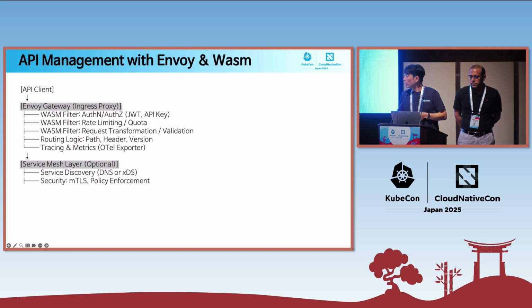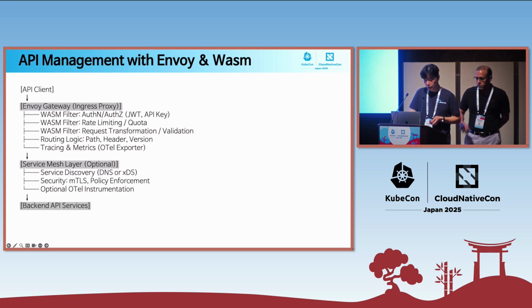We can put security features like mutual TLS and policy enforcement based on your security requirements. And for monitoring all of the services, you can put OpenTelemetry here as an optional service mesh layer.